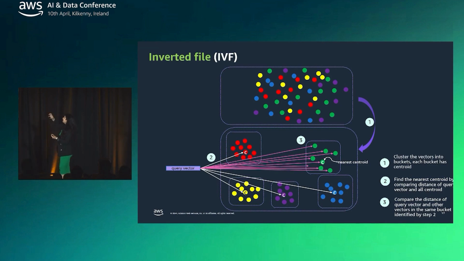Then you take your query vector and find the nearest centroid by comparing the distance to each of those centroids. By comparing it, you understand that this query vector is closest to this bucket. So as you see here, we are taking a bucket of vectors, and it is very clear that this is an approximate nearest neighbor search.